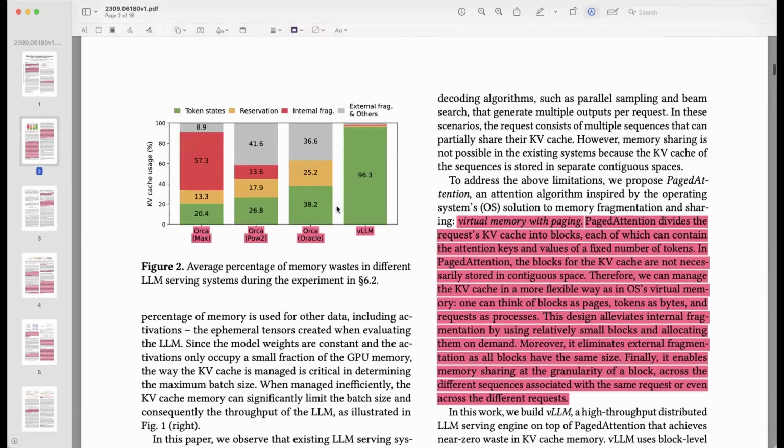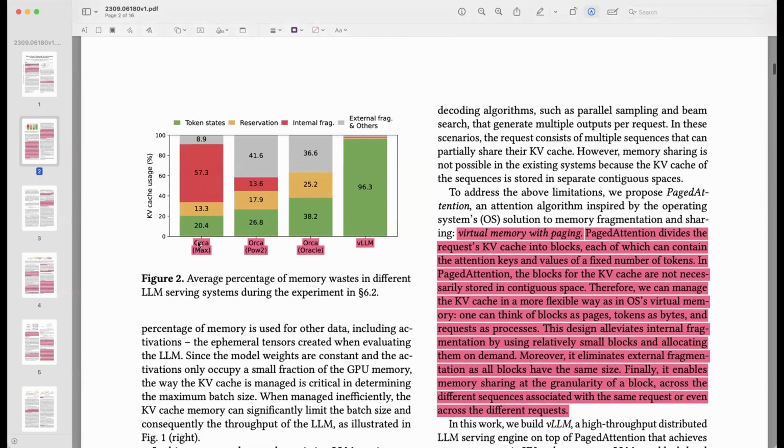Let me go through this diagram because they keep talking about these models throughout the paper. I don't know what exactly Orca is. I looked it up. It's an inference system from FriendliAI, built by some university in Korea.